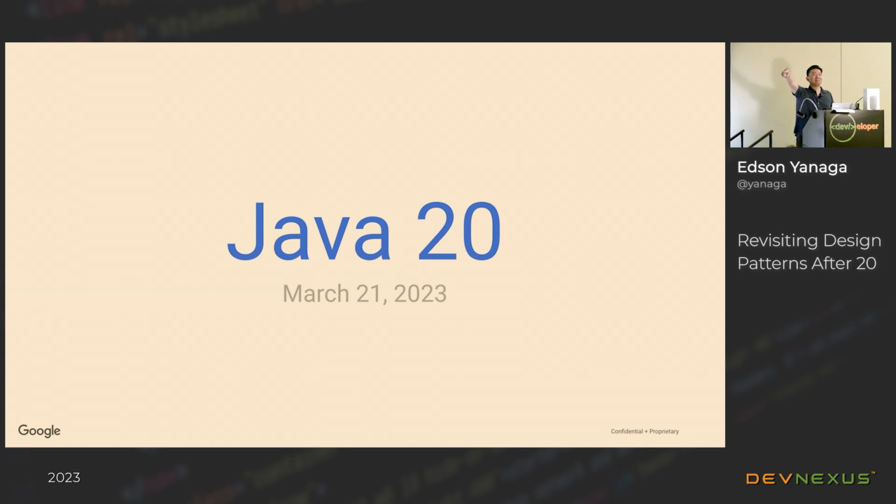Java 11. Okay, some of you are using more than one version. Okay. Java 8. Yeah. 7. Yeah, sorry.